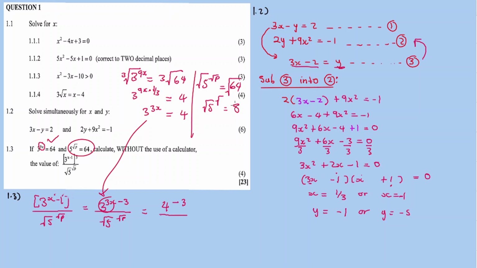So the square root of 64 is 8, and then the square root 5 raised to the exponent of square root p is equal to 8. So here is going to be 8 again.